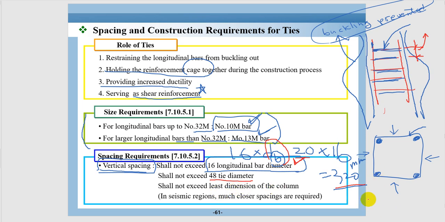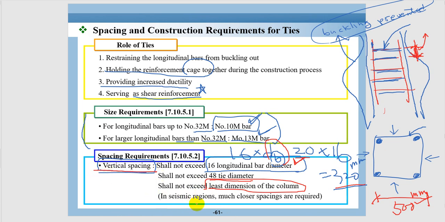If the dimension of the column is, let's say, 500 millimeter, then you cannot exceed 500 millimeter as vertical spacing. So the dimensions of the column also limit the vertical spacing.